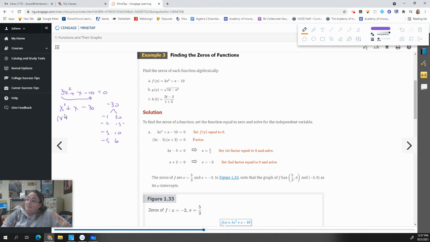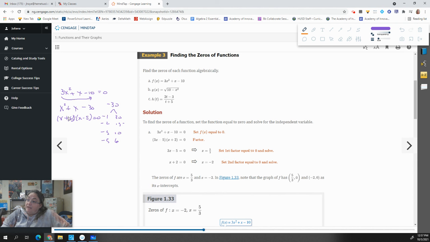So I could write this now as x plus 6 times x minus 5, and all those are equal to 0. But I have to put that 3 back in that I took out.